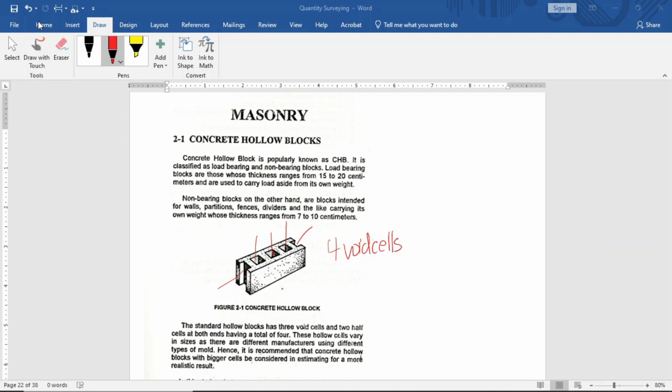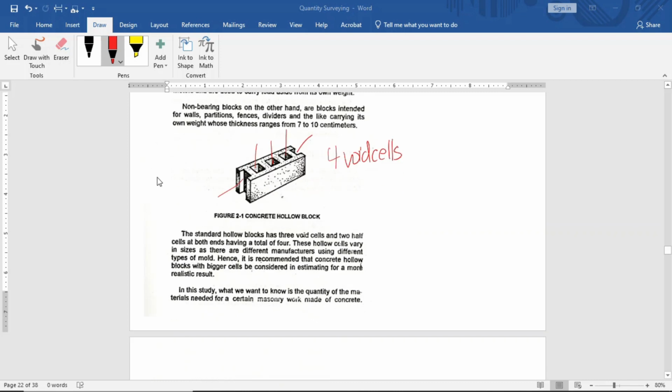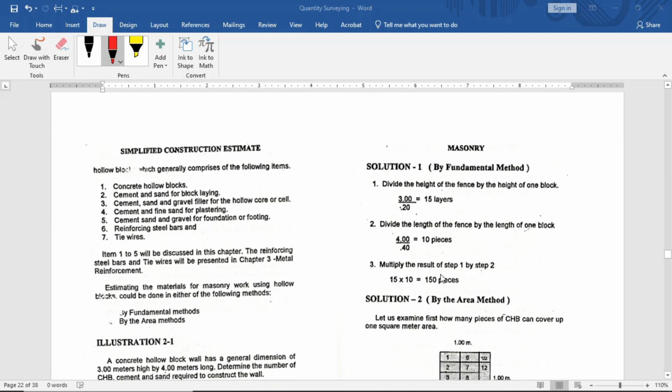So, in this study, what we want to know is the quantity of materials needed for a certain masonry work made of concrete. Hollow block work generally comprises the following items: concrete hollow blocks, cement and sand for block laying, cement, sand and gravel filler for the hollow core or cell, cement and fine sand for plastering, cement and sand gravel for foundation or footing, reinforcing steel bars and tie bars.